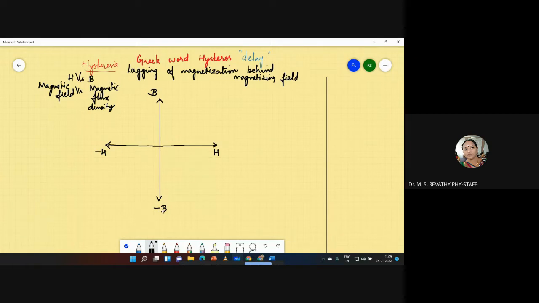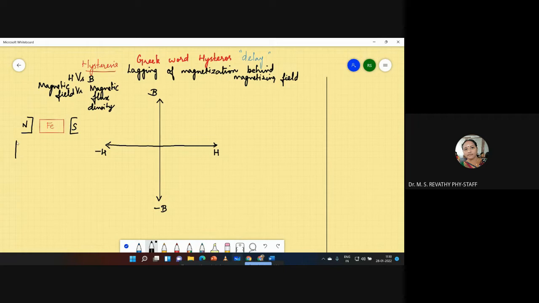Okay, so for plotting this graph, we are going to make one experiment. Let us take a ferromagnetic specimen, that is iron material, and place it in a magnetic field.